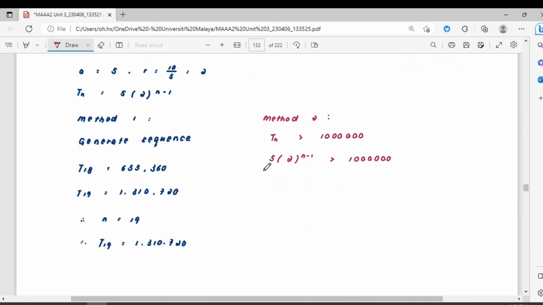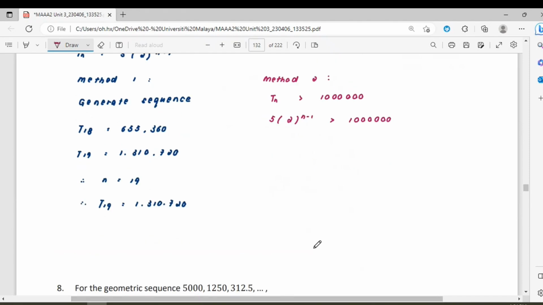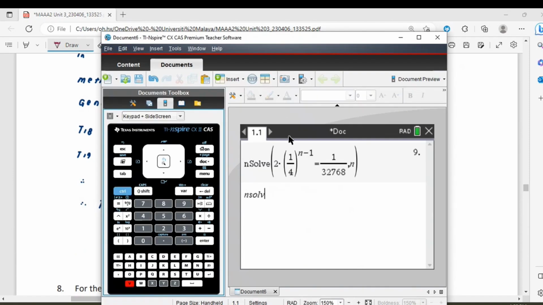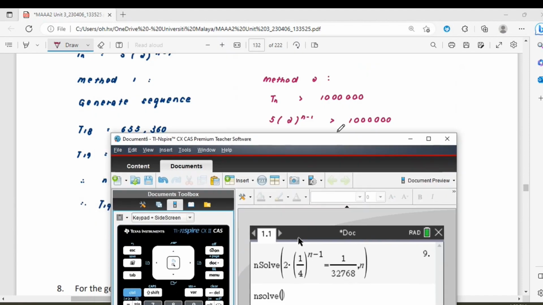Okay, so what we can do here is we use our TI-Nspire. So same thing, still in the page of calculator. Okay, and solve. So now it becomes 5 multiply 2 power n minus 1. Okay, and we cannot put greater than, so you are just putting the equal sign.